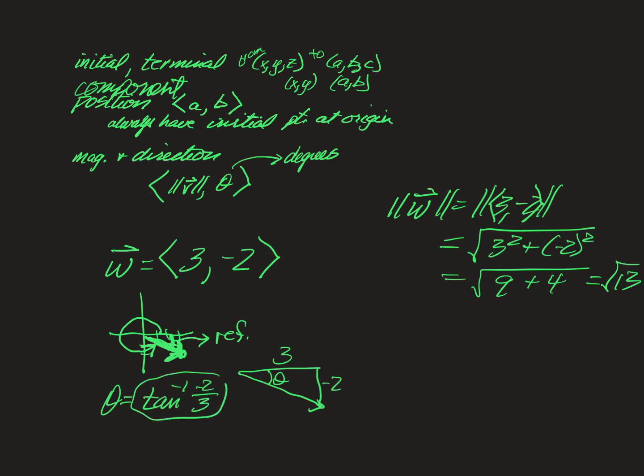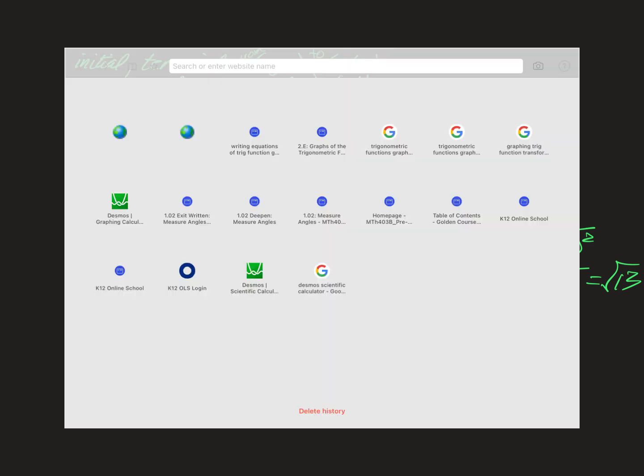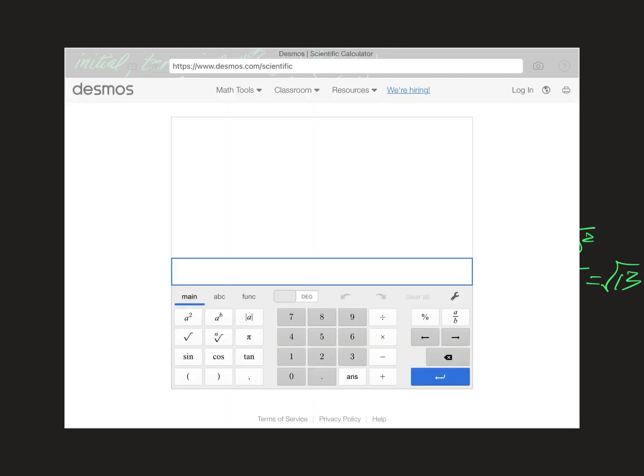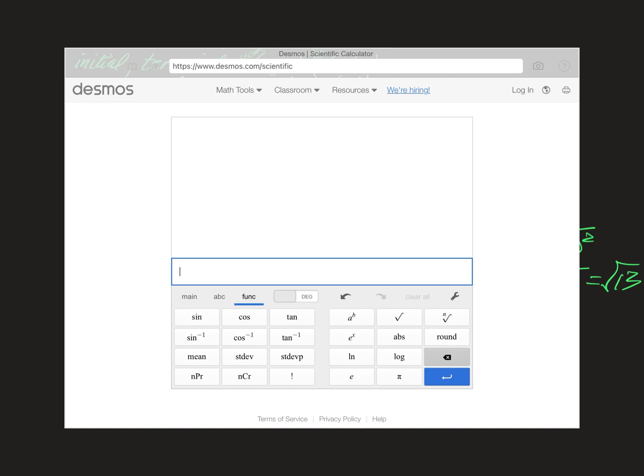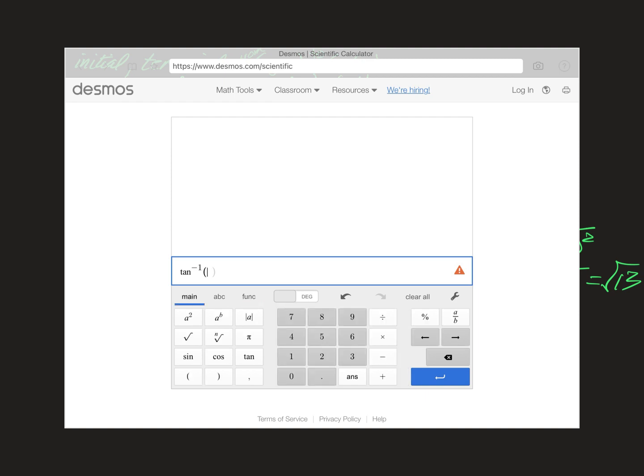And so if I can calculate this in degrees, which is fairly simple to do on a calculator, so really quickly we'll go ahead and do that. Let's go to the browser, go to the Desmos Scientific Calculator. Notice my mode here is degree mode, all right? And so I want the inverse tangent of, I go back to the main menu, -2 divided by 3, and press equal.